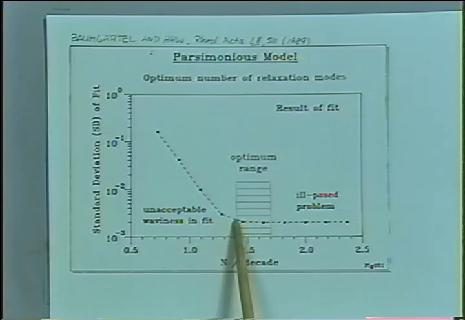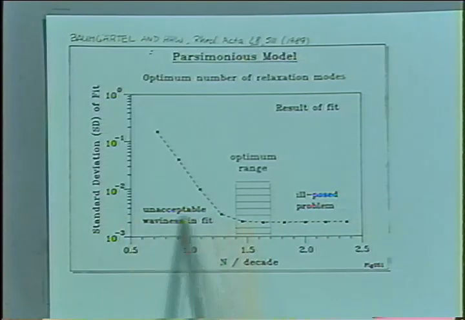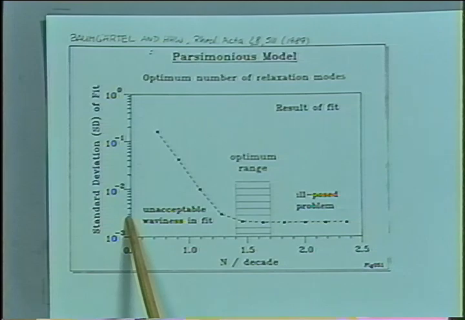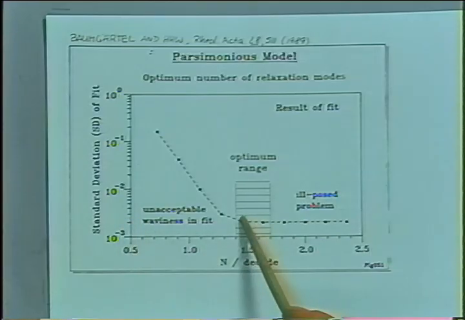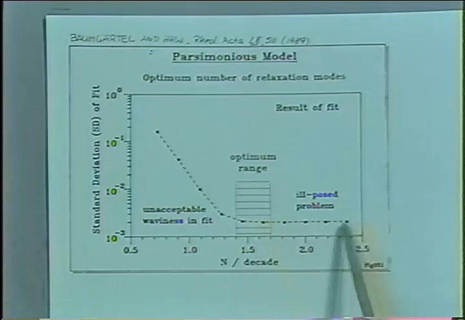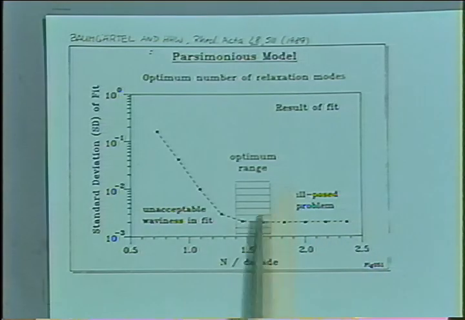It turns out that the standard deviation, which we have at this level, is in the order of the noise of the data. You cannot improve the fit beyond the noise. So we don't choose any more modes in this case. We say this is our optimum range.